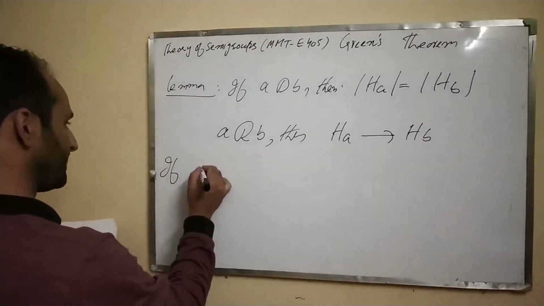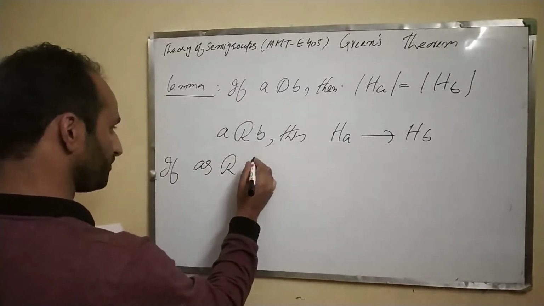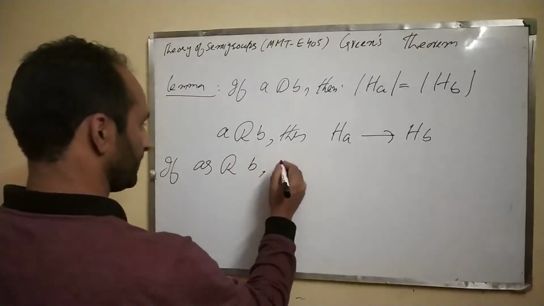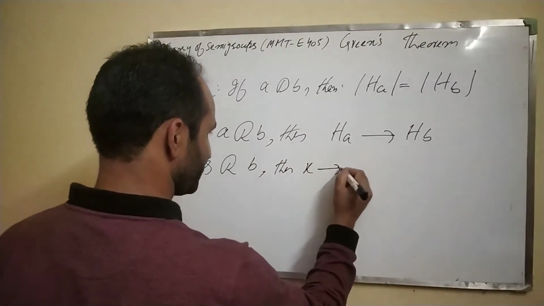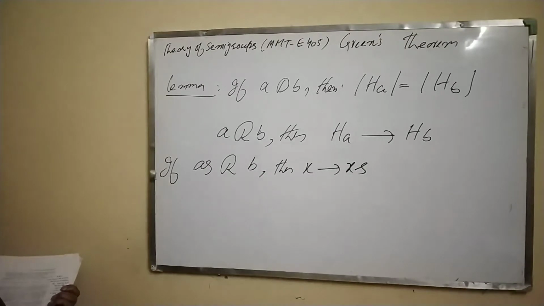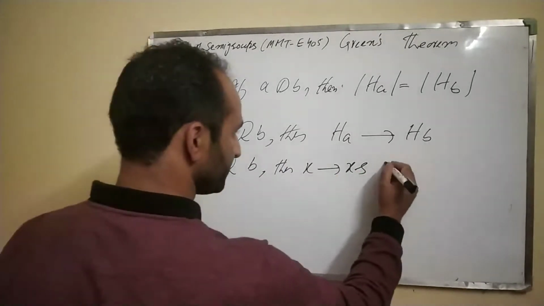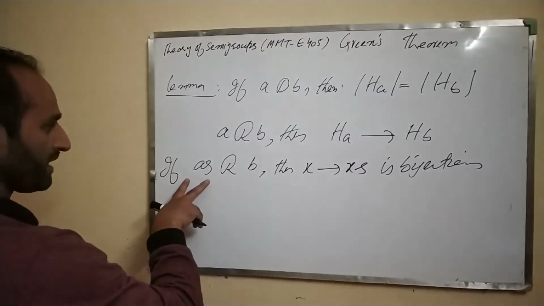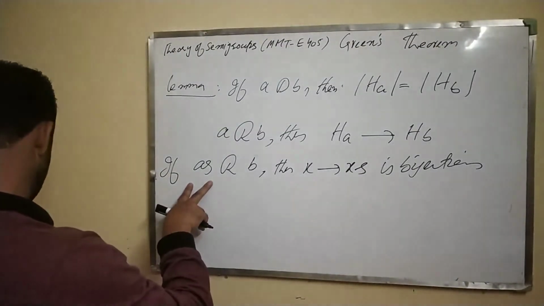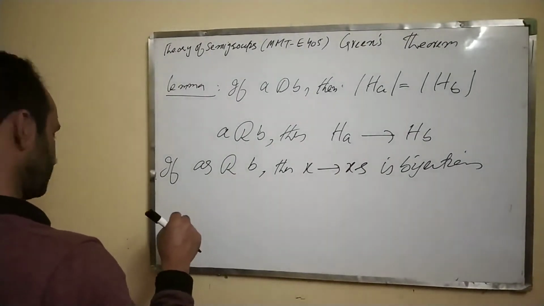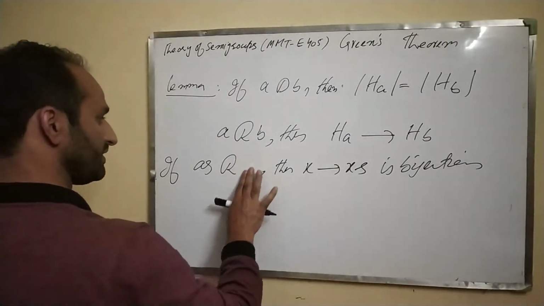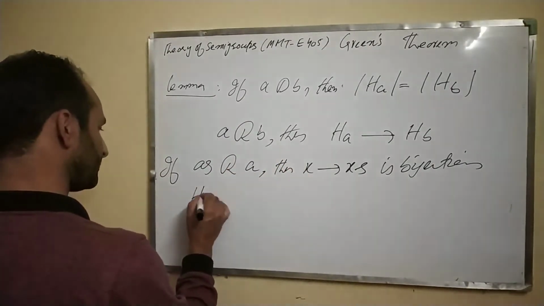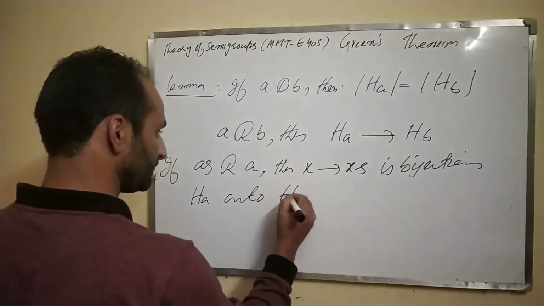Therefore, if AS is R-related to A, then the mapping which is the right translation, which maps X onto XS, is a bijection from HA onto HAS.